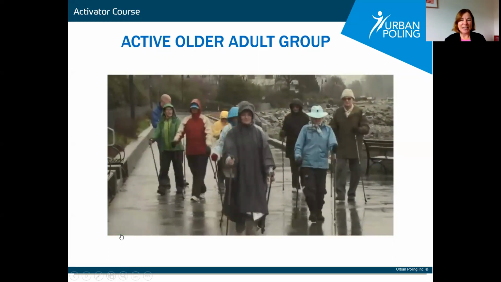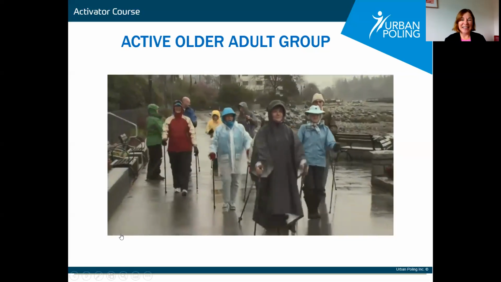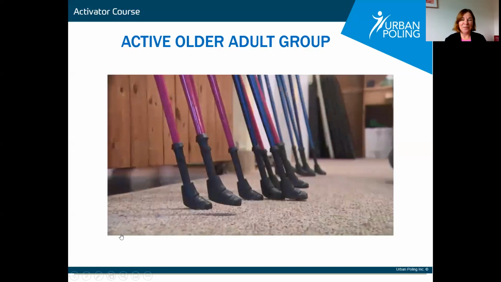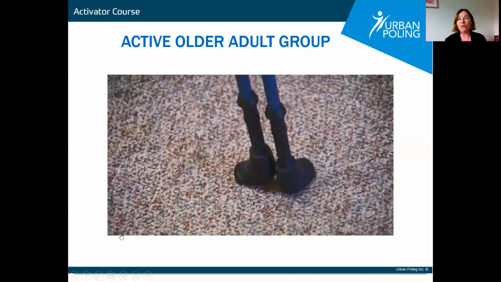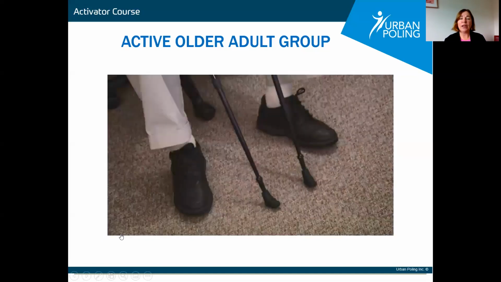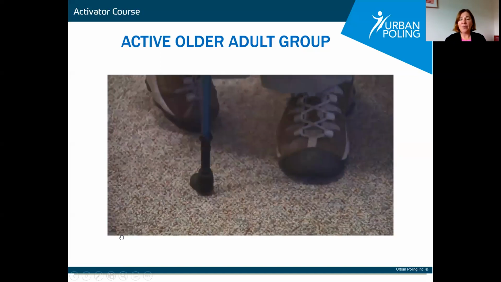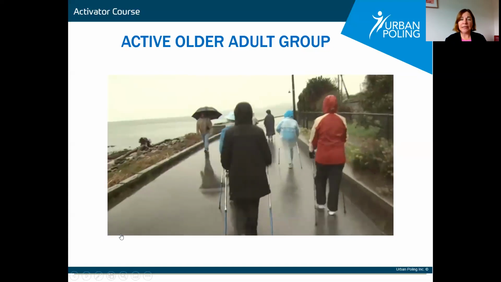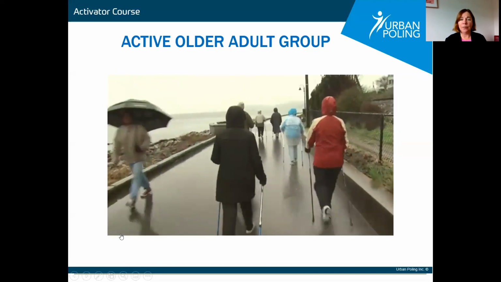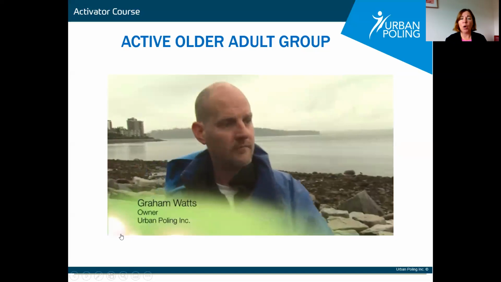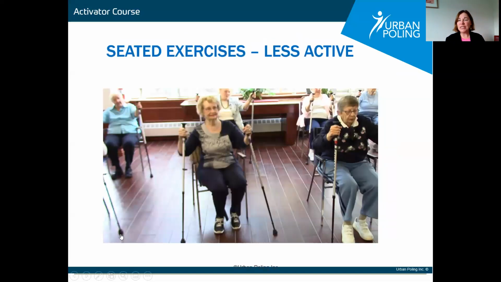So this is a very wet day in Canada, and just a group of more active older adults, although one of them had been on a walker and was walking before she started urban polling. So just a quick snippet to give you an idea of how you can use urban poles in a walking group with older adults.